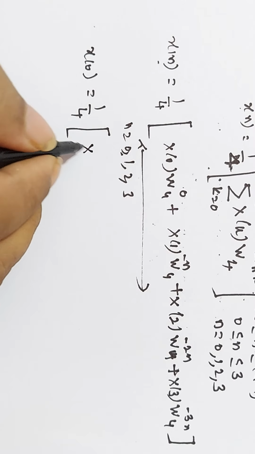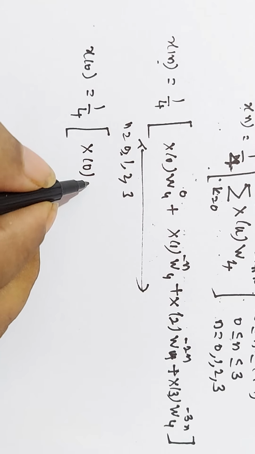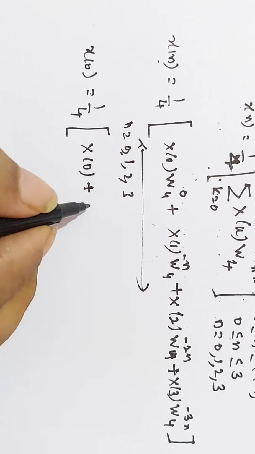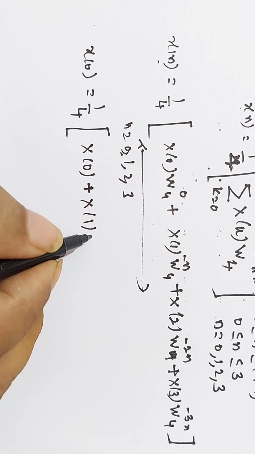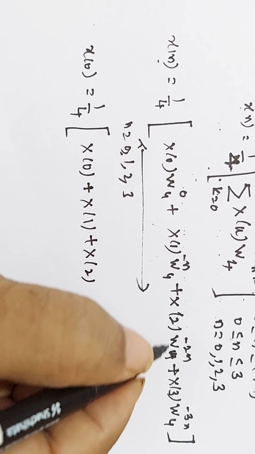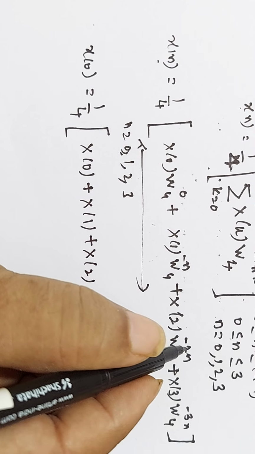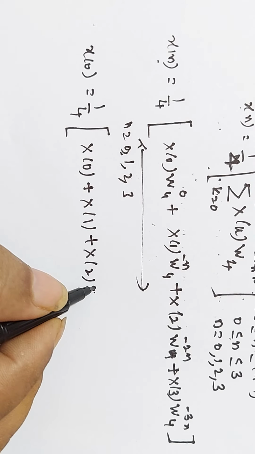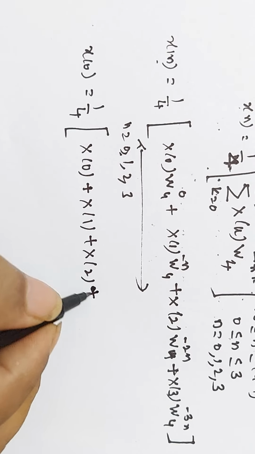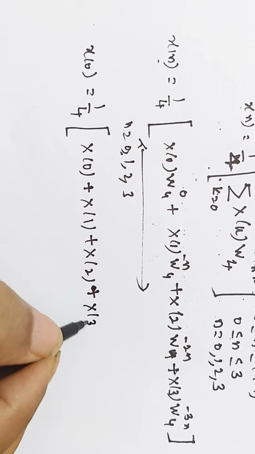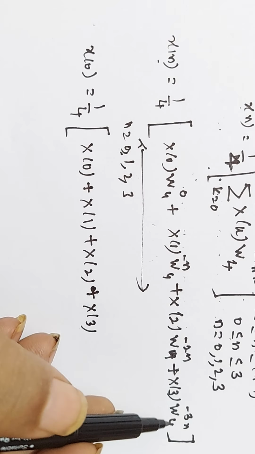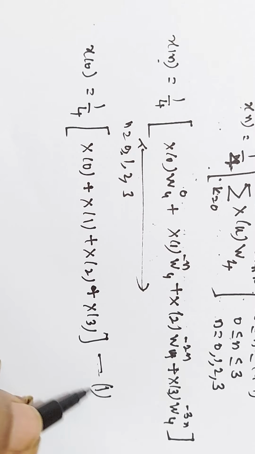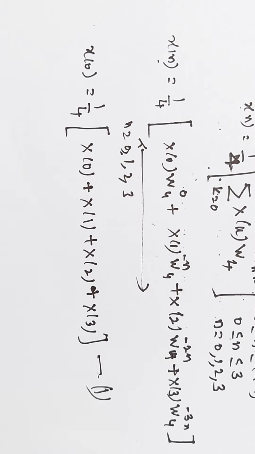Therefore, this is capital X of 0, plus, with n equals 0, W_4 0, X of 1 itself, plus X of 2, W_4 minus 2n with n equals 0, X of 2 itself, plus X of 3, with n equals 0, W_4 0 is 1. This gives the first sequence x of 0.